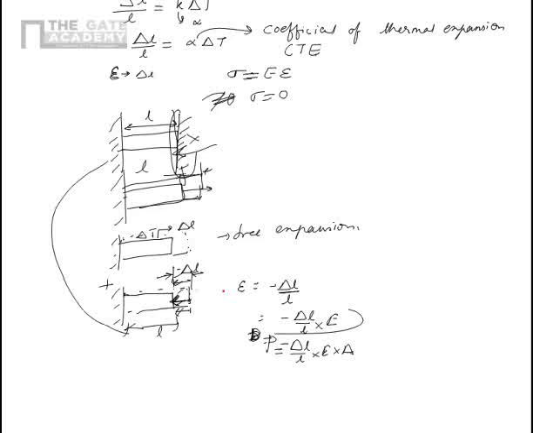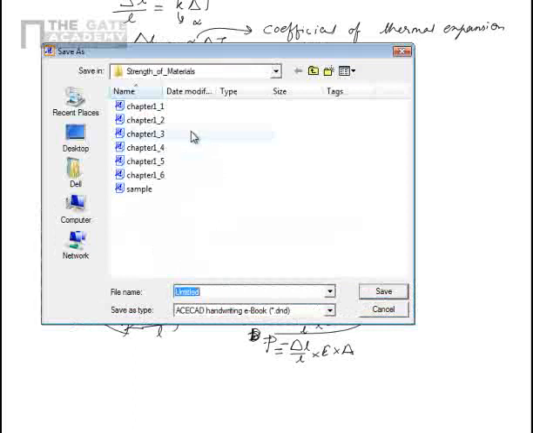Now, let's solve a couple of problems to understand this phenomenon better. Okay, I'll just go to a new page. So I take a very simple example first. There is one cylinder.